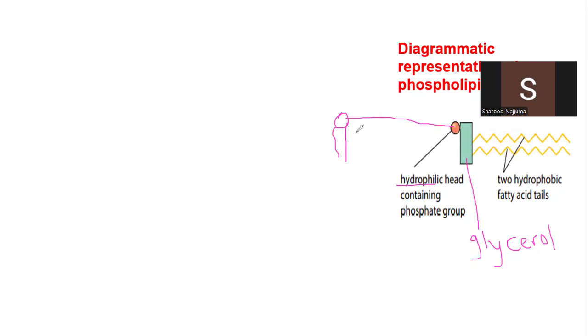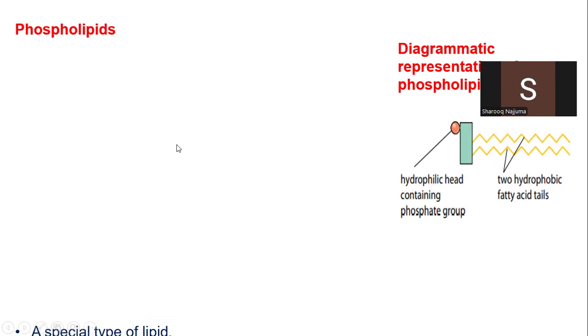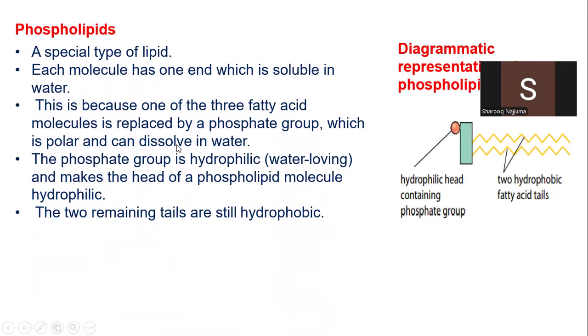So you might find a structure like that representing a phospholipid. Remember, a phospholipid has the phosphate, which is water soluble, and it also has the fatty acids, which are not soluble in water. They hate water.